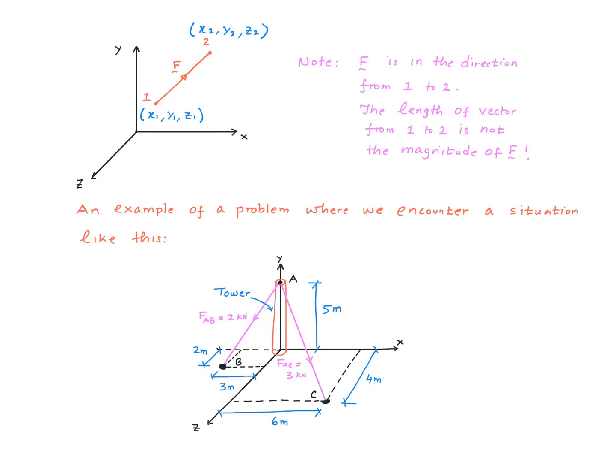This one has a tension of 2 kilonewton and this one has a tension of 3 kilonewton. We also know the coordinates of the endpoints of these two cables. In other words, the magnitudes of the two forces in these cables are known, and we need to find unit vectors along the lengths of these cables on the basis of the coordinates of the endpoints.